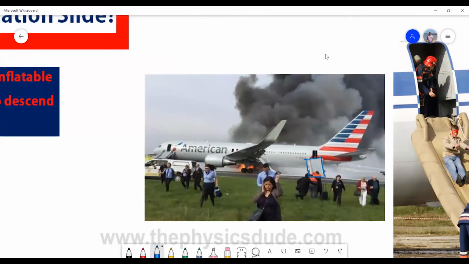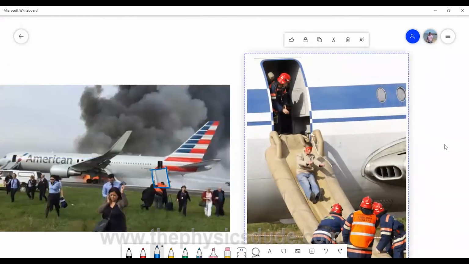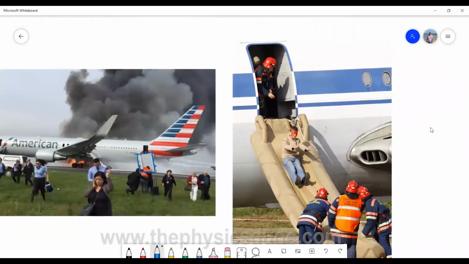I'll just show you another picture. You can see this one. So generally, this is the exit of an aeroplane, which is at a height of nearly 6 to 7 feet and more than that. And if you jump out of that, yes, you may severely get hurt.